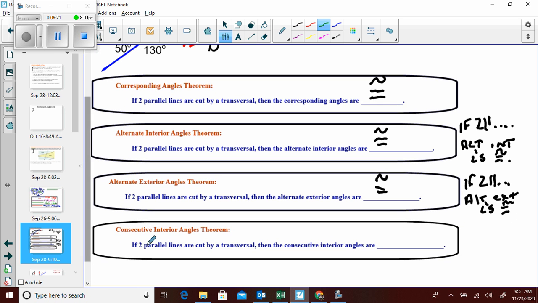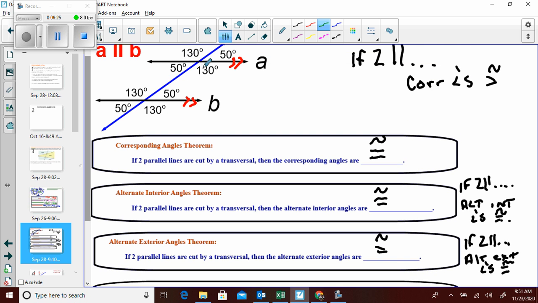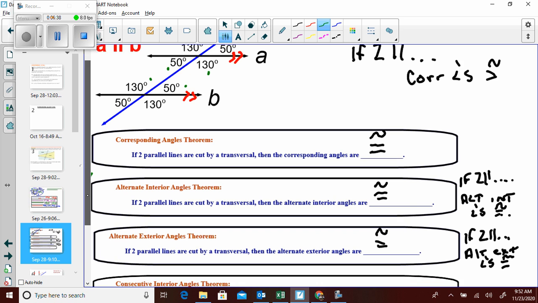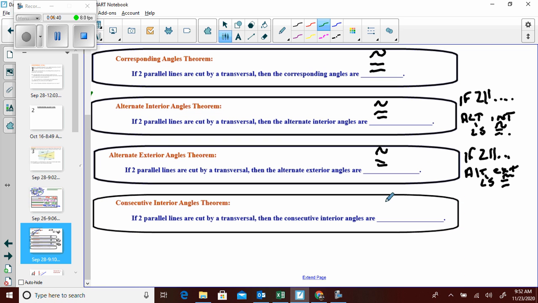And lastly, we have consecutive interior angles. Let's look at the consecutive interior. They've got to be interior. 50 and 130. 130 and 50. What do you notice about them? They both add to 180. So if two angles add up to 180, they are supplementary.